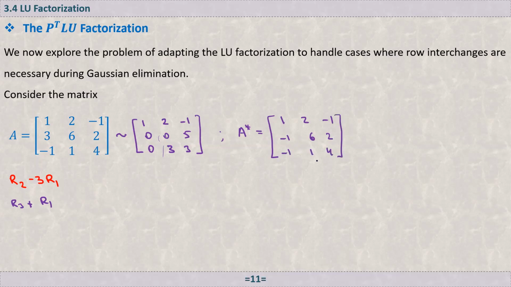So in this case, the first one is R2 plus R1. Why did I write it like this? Here we have minus 1, 1, 4. I should write it here.